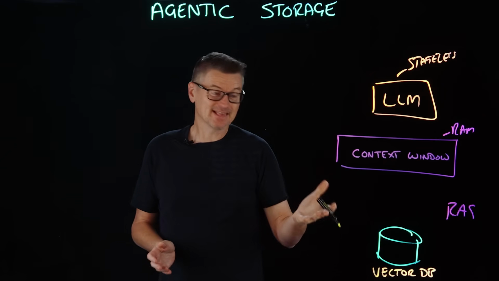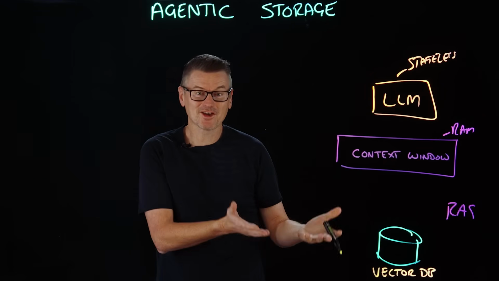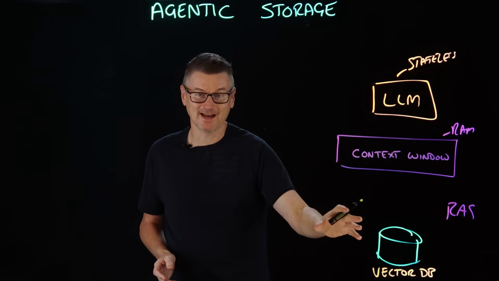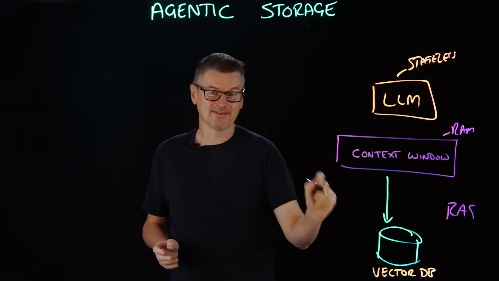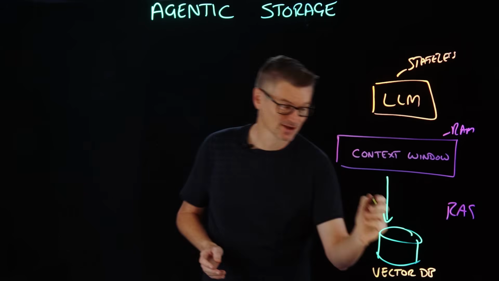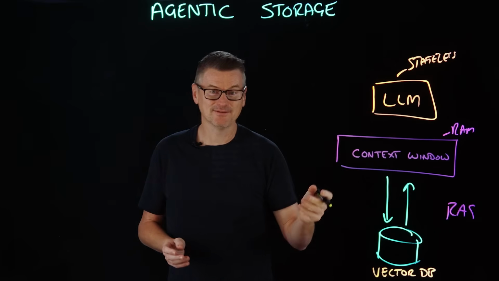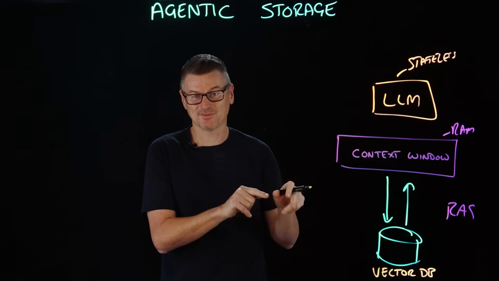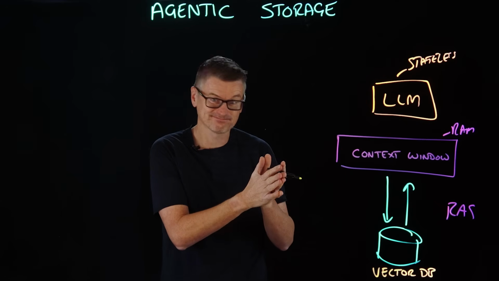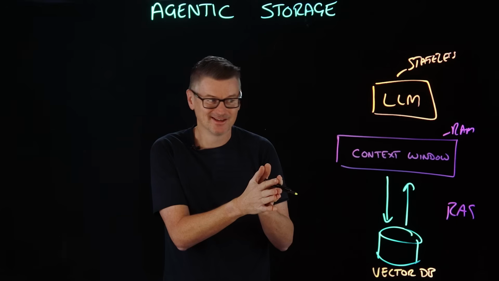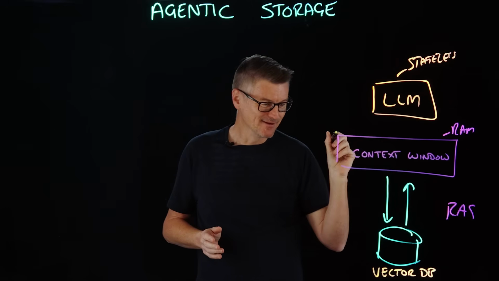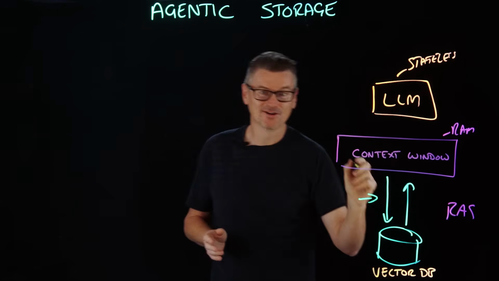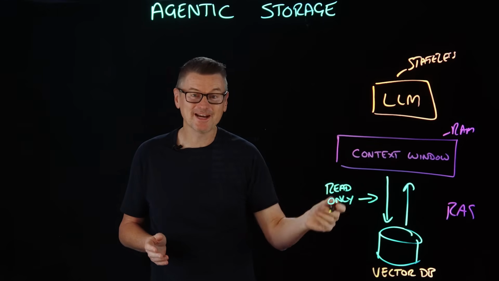That vector database might be full of documents or policies or historical data, whatever, and the agent can then query that database to perform a semantic search. Then it can pull relevant information into its context window before generating a response, which is all good, but it doesn't really solve our stateless problem because RAG is fundamentally read-only. It's a read-only operation.